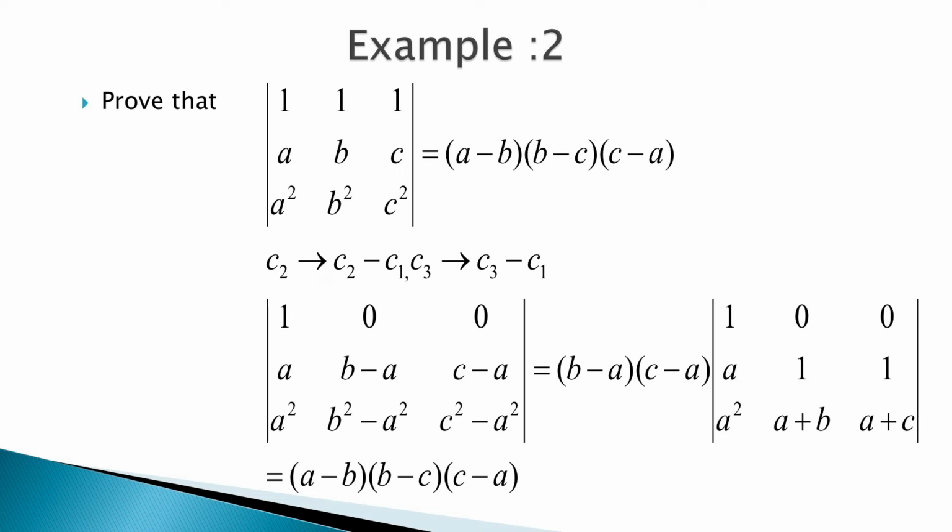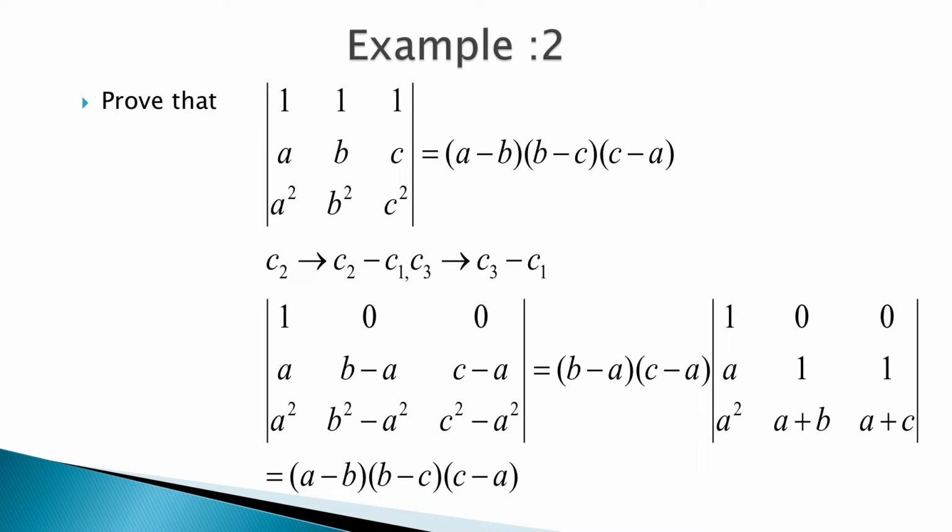Similarly, here is another example. Prove that the determinant containing the elements 1, 1, 1, a, b, c, a square, b square, c square is equal to (a minus b) into (b minus c) into (c minus a).